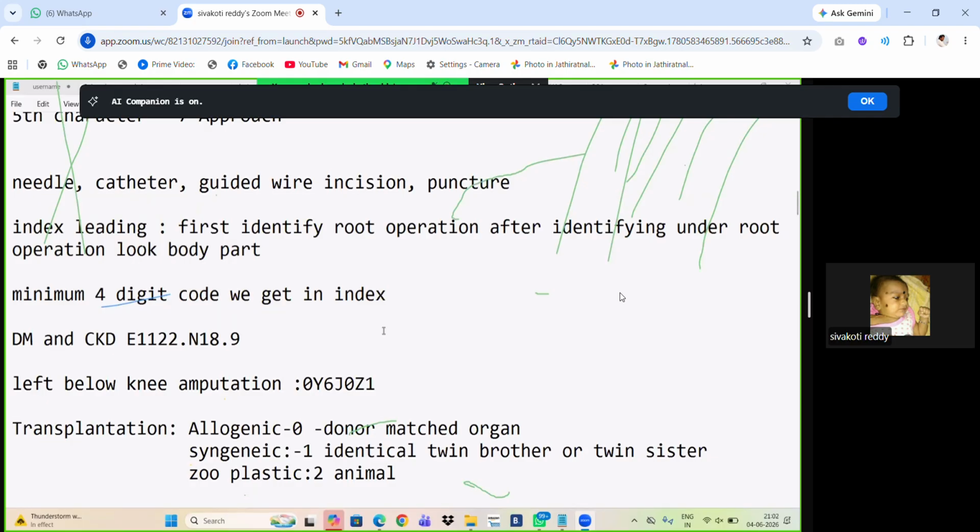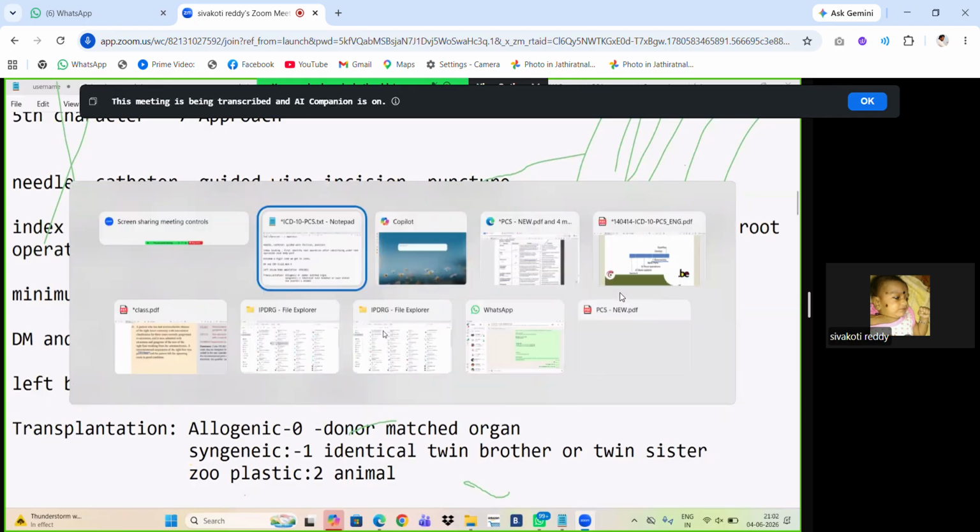So if they did any needle or puncture or minor incision or guided wire or catheter, it should be percutaneous approach.